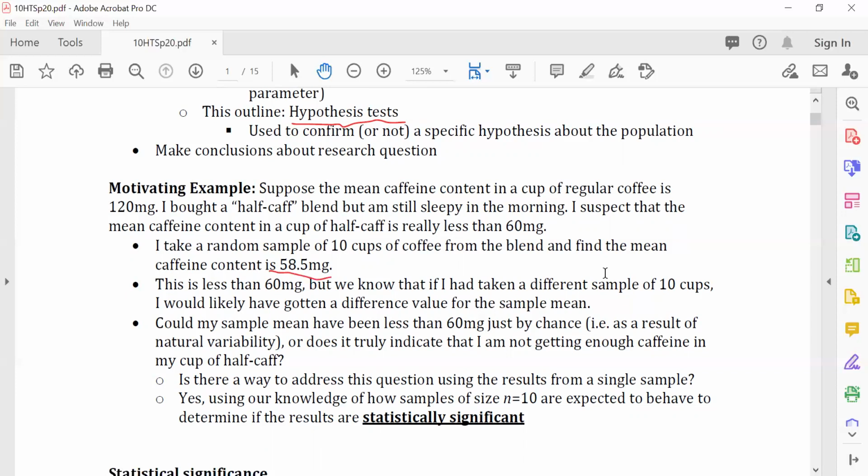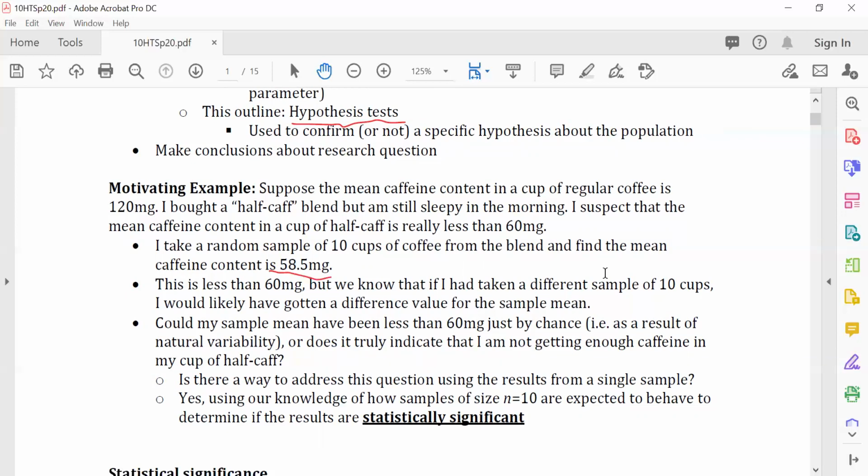We have talked about the behavior of the sample means through the sampling distribution of sample means. Even though each time we collect a sample, we will have a different sample mean, there is a certain behavior of all those sample means.